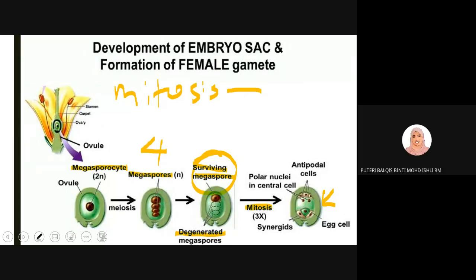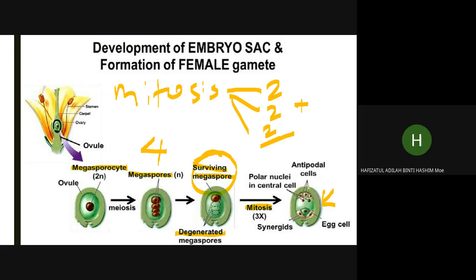Alright. Kalau mitosis 3 kali? Tu tambah berapa ni? 2 tambah 2 tambah 2 tambah 2 berapa? 8 lah, kan? Mitosis 3 kali macam ni.